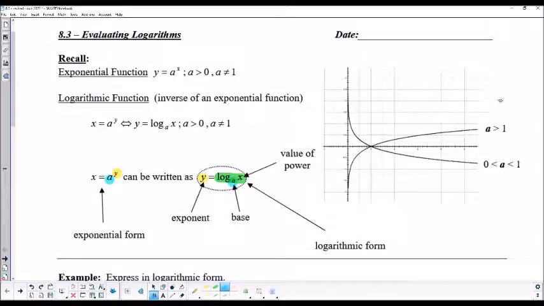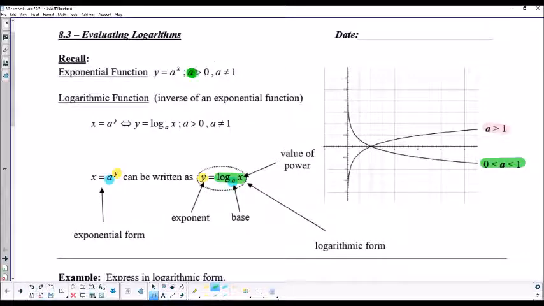And here are the graphs. This is the graph when the base is greater than 1. And this is the graph when the base is between 0 and 1, which means it's some sort of fraction or decimal, less than 1 but still positive.